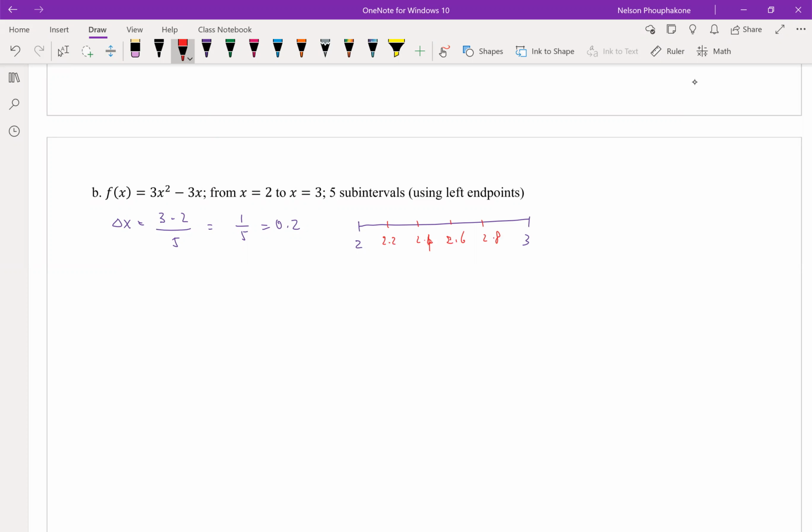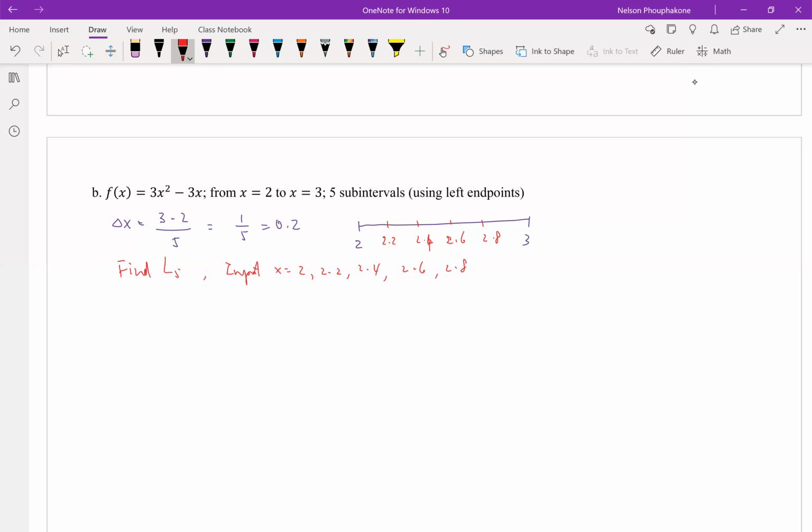And then remember, we would like to find the L sub 5. So if it is L sub 5, that means the inputs that we are going to work with will be 2, 2.2, 2.4, 2.6, and 2.8, right? Okay. And then now, let's see, how do we actually work out the problem?